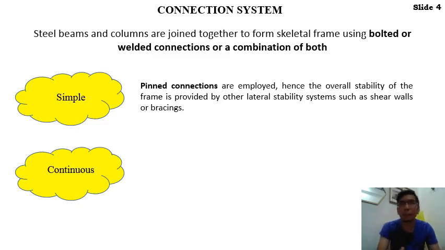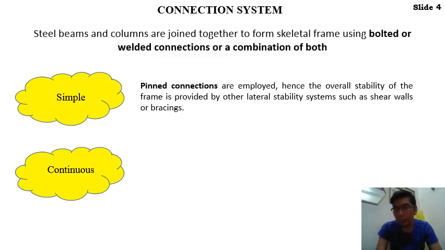For example, in a warehouse or the place where you play futsal, if you notice, there is bracing, in a cross shape. In this type of framing system, we need that component, bracing, to give extra stability and strength to our framing system. For the connection of the bracing, we will use rigid.